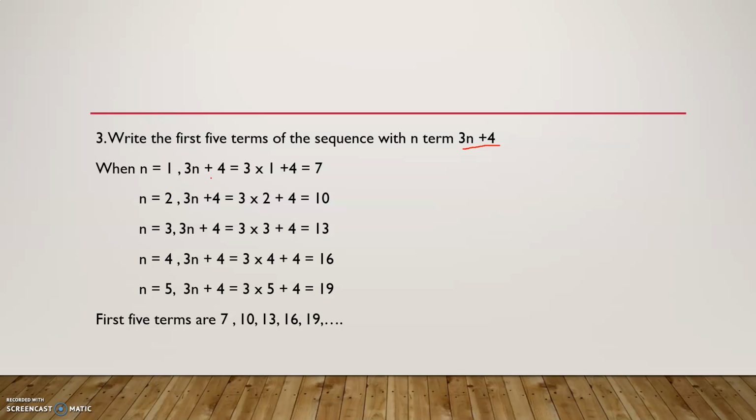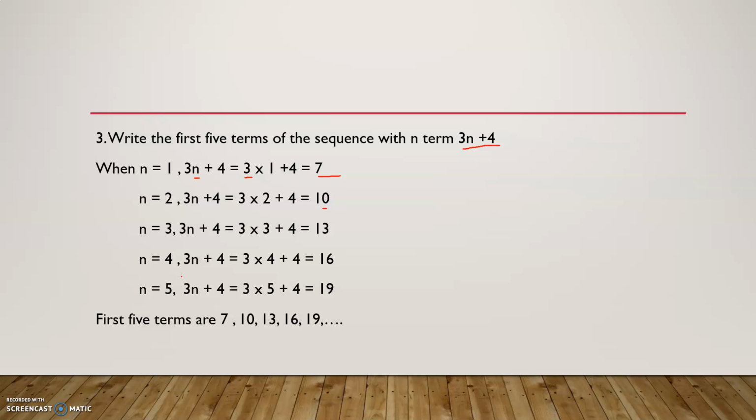So when n equals 1, 3n plus 4 would be 3, and then we put the position number when n equals 1. 3 times 1 plus 4, that would be 7. When n equals 2, 3n plus 4 equals 3 times 2 plus 4. So that would be 3 times 2, which is 6, plus 4 would be 10.